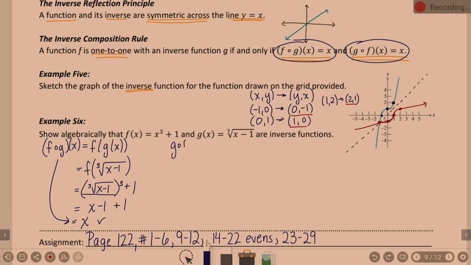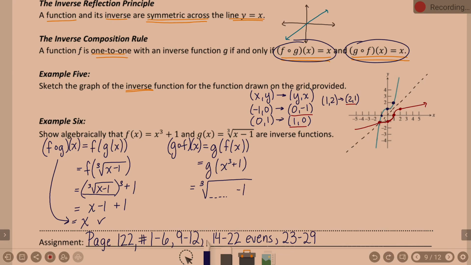g∘f, g composed with f of x, so g of f of x. I'm going to take f and put it into g. So f was x cubed plus 1. I'm going to take x cubed plus 1 and put it into g. Well, g says to do what? g says to do the cube root of something, right?